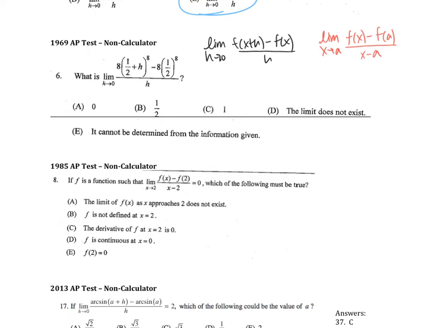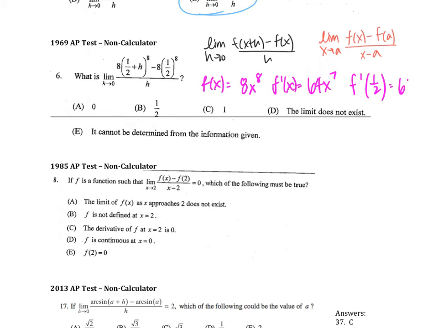Again, can we extract the function in question 6? In question 6, the function is going to be 8x to the 8th. And what they want is the derivative of that function, which would be 64x to the 7th. Then they want the derivative when x is 1/2.